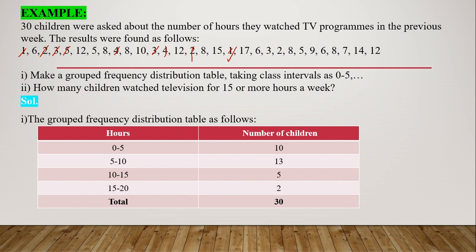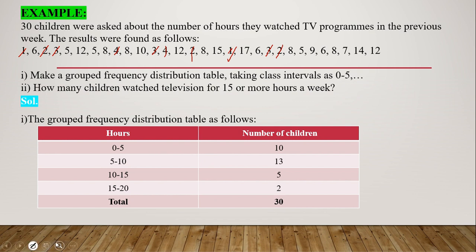Only the 0 to 4 we have to take. So counting 1, 2, 3, 4, 5, 6, 7, 8, 9 and 10. So for 0 to 5 hours, it is 10 children.